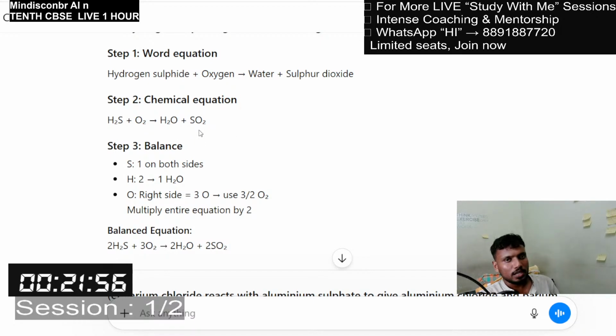We have to make it a whole number. Therefore, for making that 1.5 a whole number, we have to multiply it with 2. This 1.5 we can write as 3 by 2. So to make that a round figure, we multiply the whole equation by 2. So what happens? 2H2S plus 2 into 3 by 2 O2. Therefore 2 and 2 get cancelled and there will be 3 O2 gives 2H2O plus 2SO2.